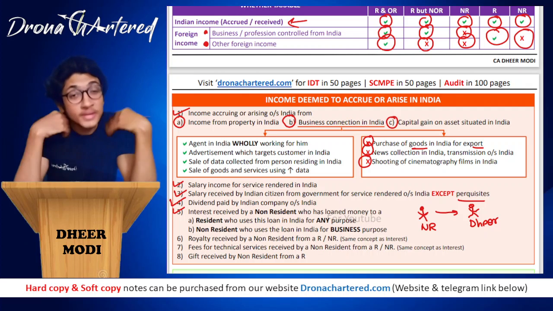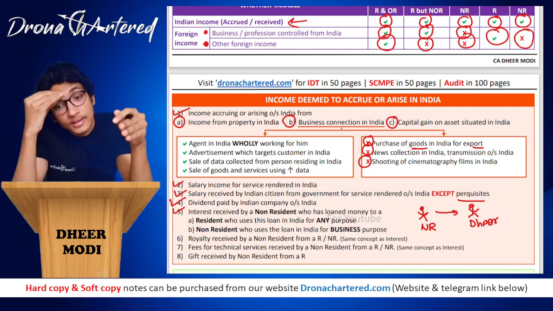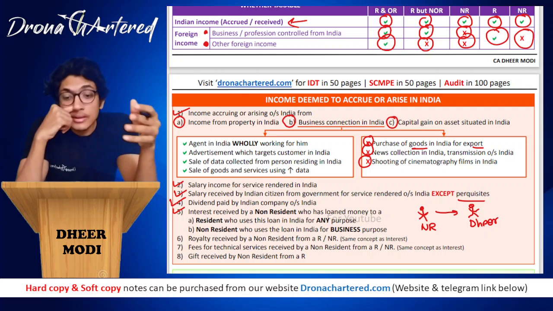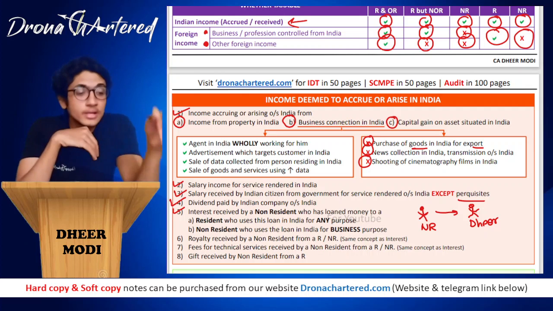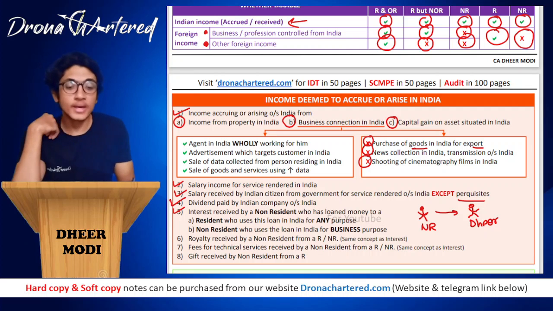Now the question comes: this interest that DHEER is paying to the non-resident, is it income deemed to accrue or arise in India in the hands of the non-resident? This is the main question, because DHEER will be paying him interest.